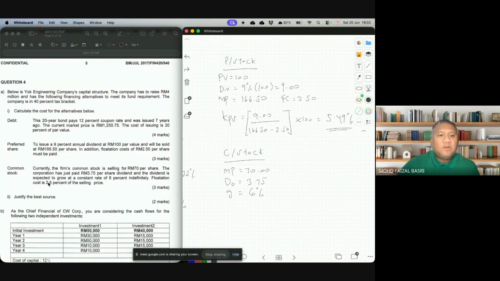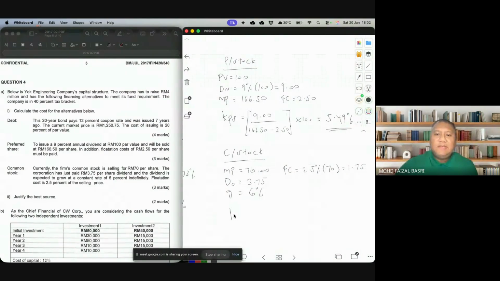And then flotation cost is 2.5% of the selling price. So selling price is RM70. So the flotation cost would be 2.5% darab dengan RM70. So it's RM1.75. Okay, itu je lah kita perlukan.